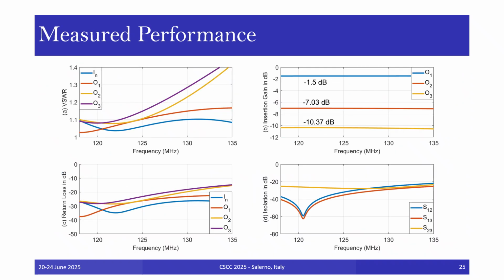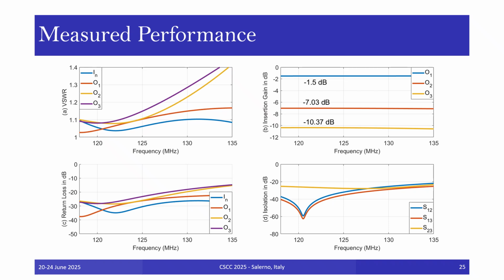This slide presents the measured performance of the designed unequal power divider. Using the insertion gain plots, one can notice that the obtained power division ratios are 71% on port 1, 19.8% on port 2, and 9.2% on port 3, respectively. These values are close to the desired specifications.